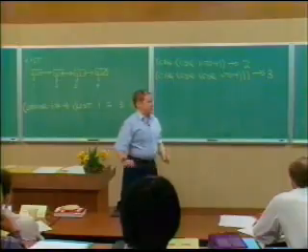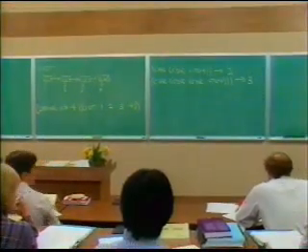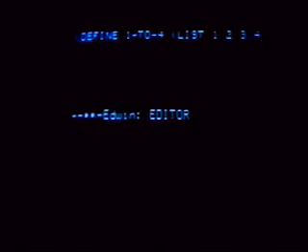Let's take a look at that on the computer screen for a second. I could come up to Lisp, and I could type define 1 to 4 to be the list of 1, 2, 3, and 4. And I'll tell that to Lisp, and it says fine, that's the definition of 1 to 4.